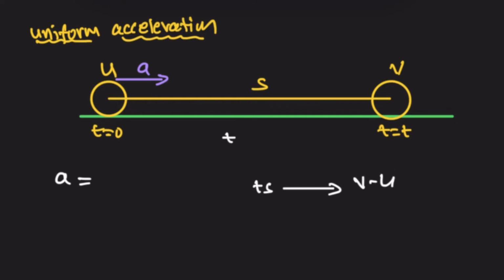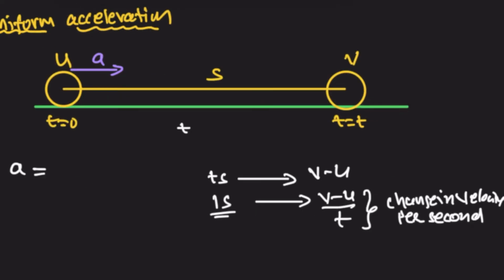So for t seconds the change in velocity is v minus u. I want it for 1 second, so that is (v minus u) by t. What is the change in velocity per second? That is acceleration.